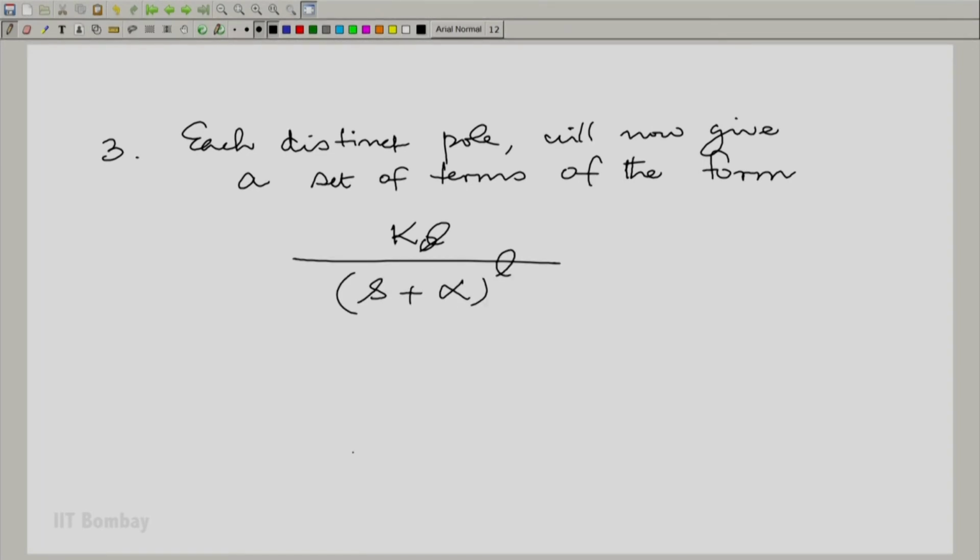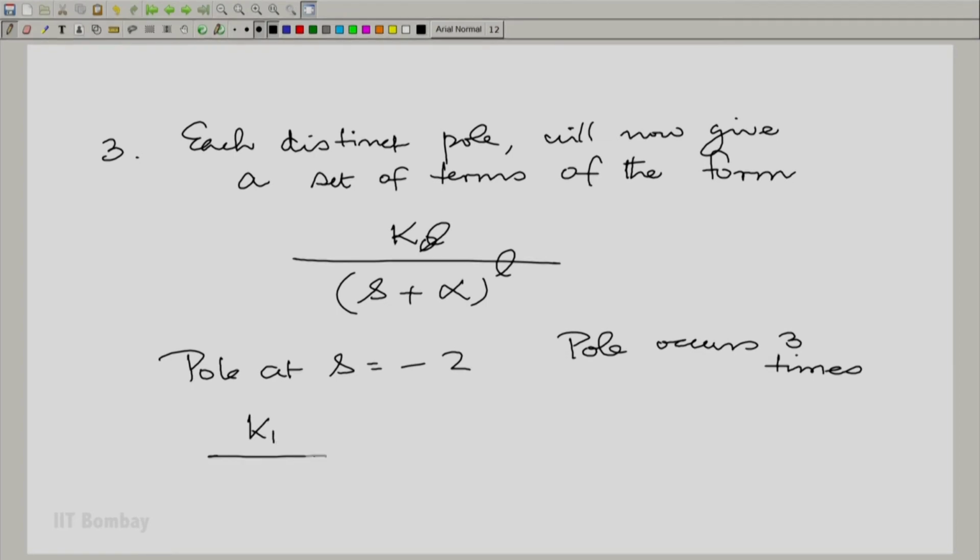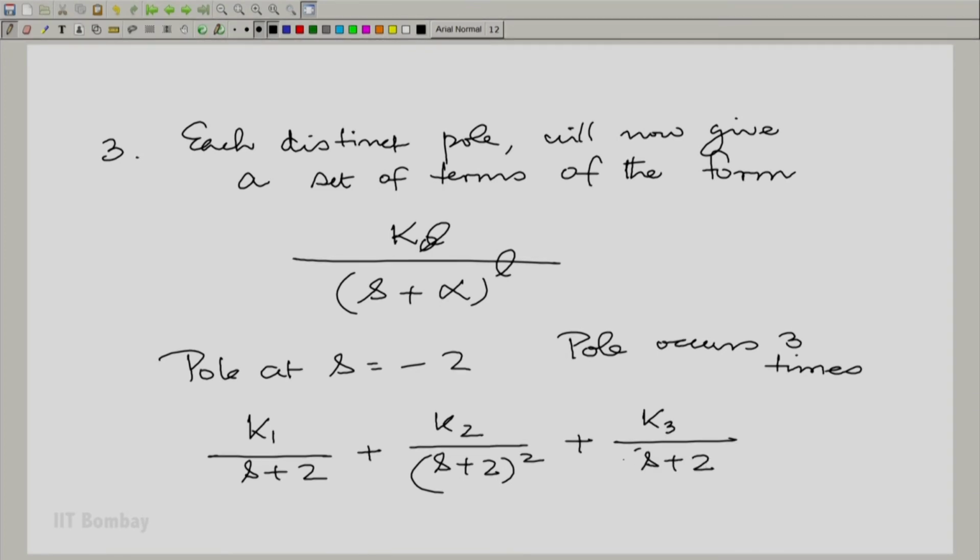For example, if you have a pole at s equal to minus 2 and the pole occurs 3 times, then you would have 3 such terms: k1 divided by s plus 2, plus k2 divided by s plus 2 squared, and plus k3 divided by s plus 2 cubed.